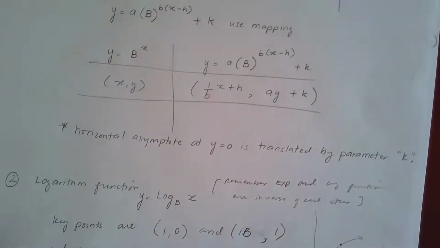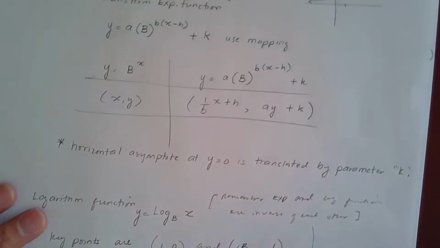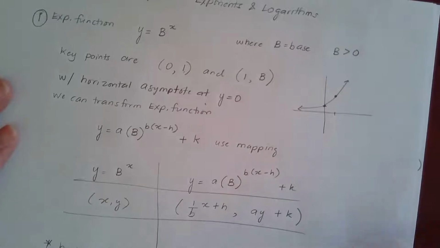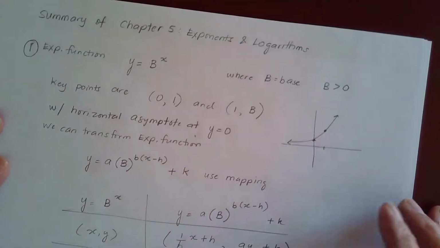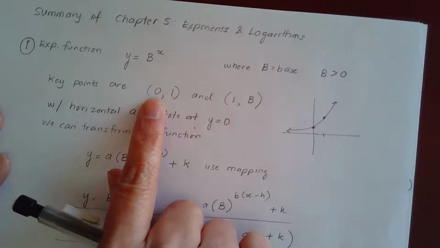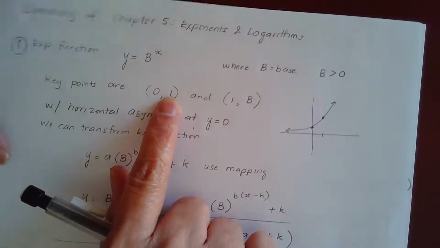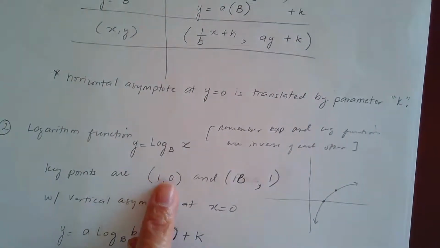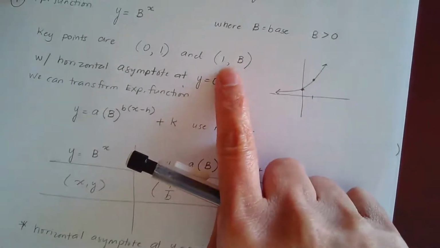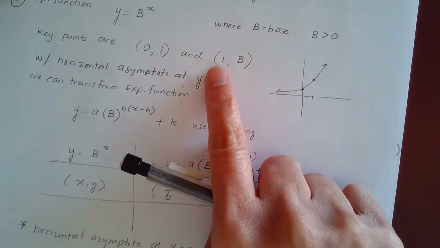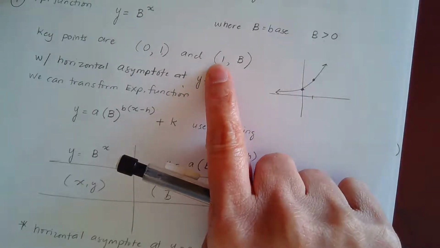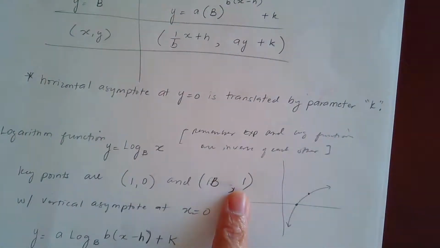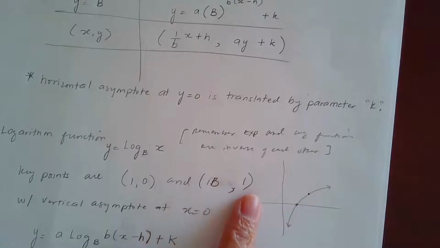Because they're inverses of each other, the exponential function has the point 0, 1 and its inverse, the logarithm function, has 1, 0. In the exponential function, if x is 1, y is b, and for the logarithm function, its inverse is b comma 1.